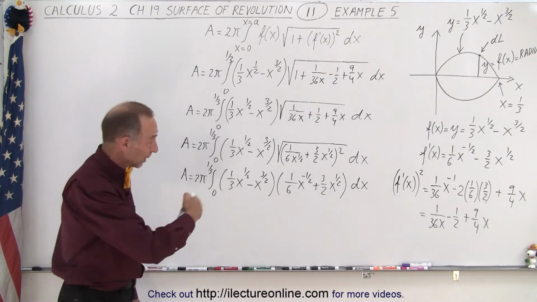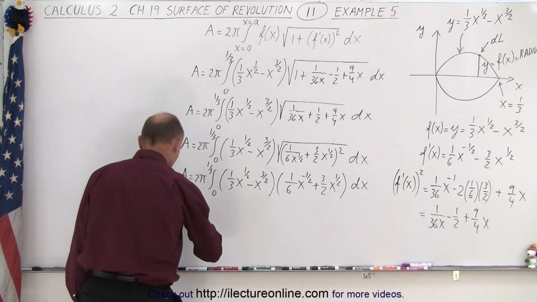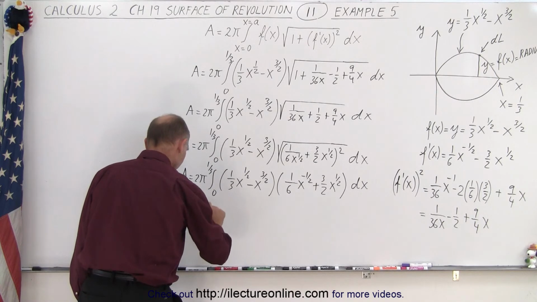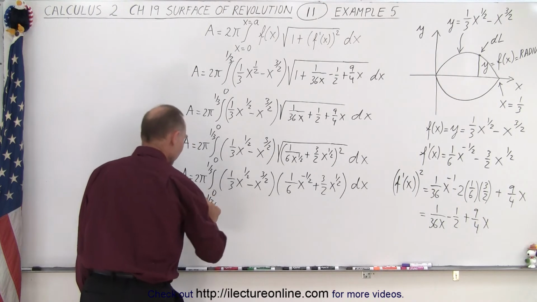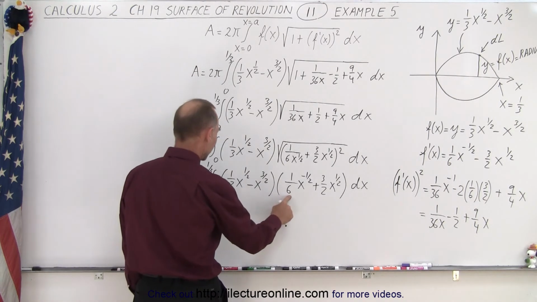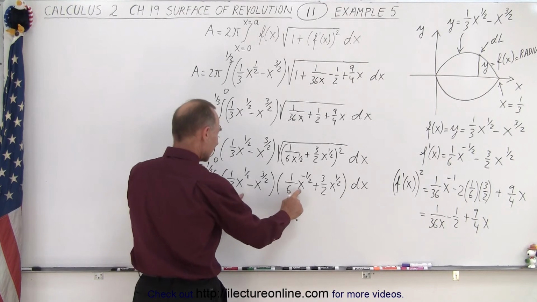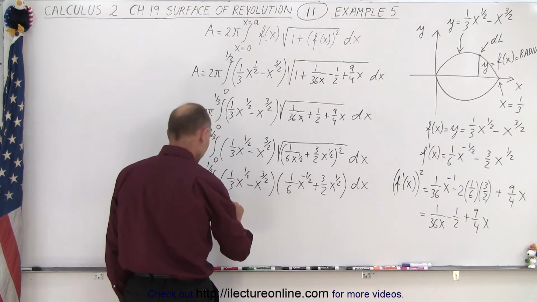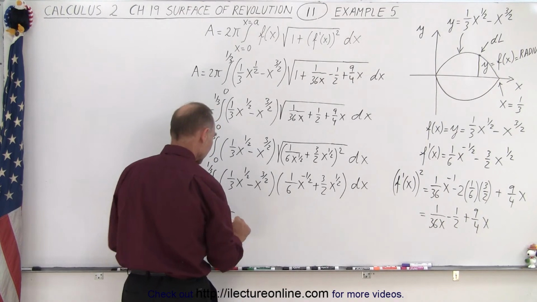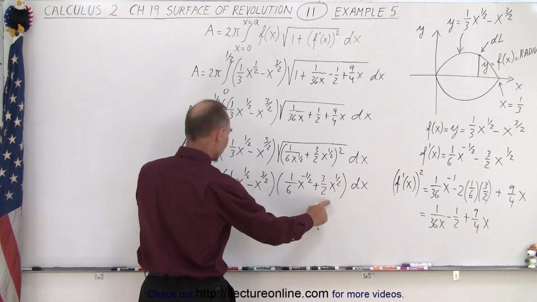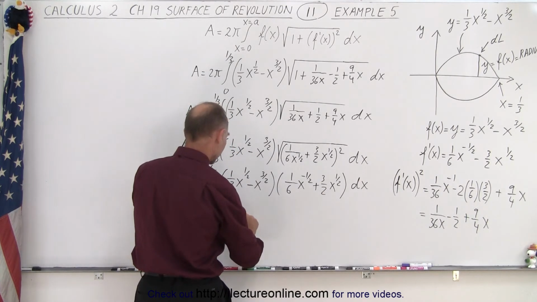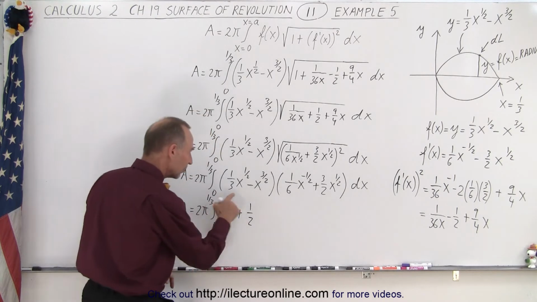So now we have to multiply this out. Hopefully it's not too crazy. Let's take a look. 0 to 1/3. When we multiply this times this gives us 1 over 18. The x's will cancel out, so we end up with 1 over 18. This times this, the 3's cancel out. We get plus 1/2.